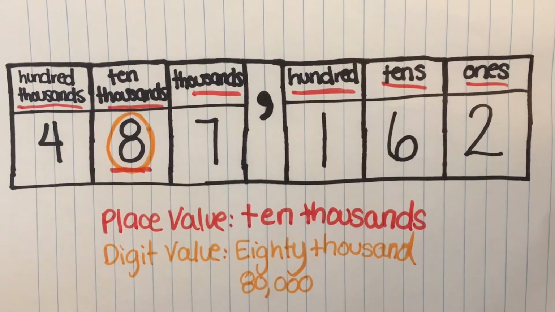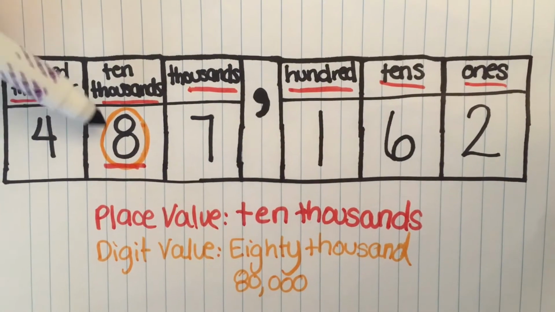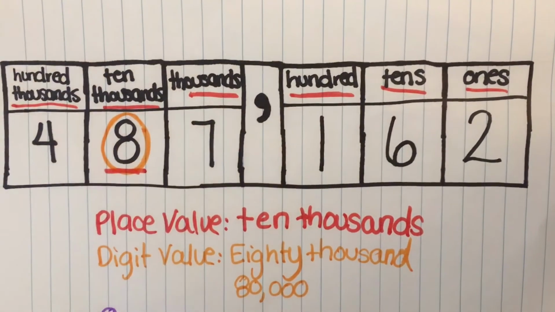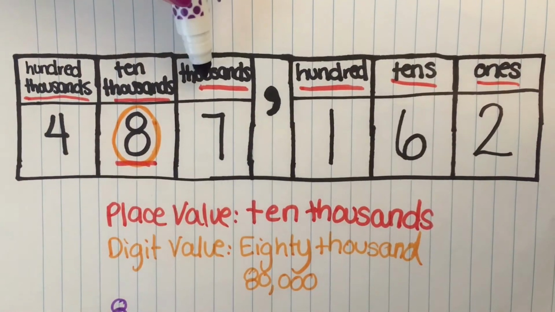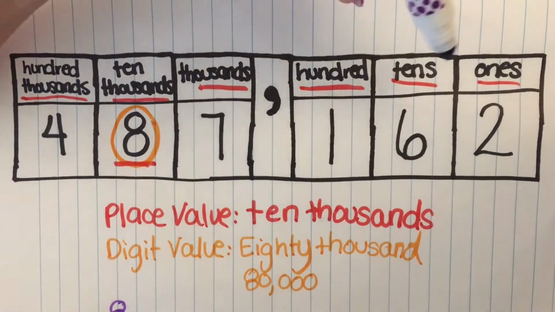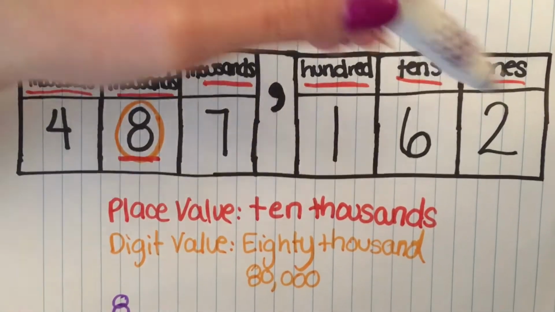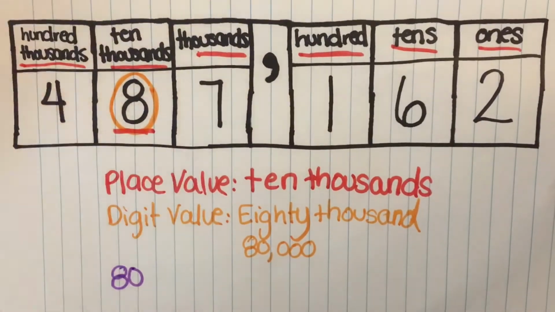another way you could say it is, okay, we're looking at which digit? The 8. Okay, great. Put down the 8. And then I always tell them to separate by the commas. So what they can do is take each number and account for the place value. They could turn each of these into a 0. So we have a number, we're going to turn that 7 into a 0.